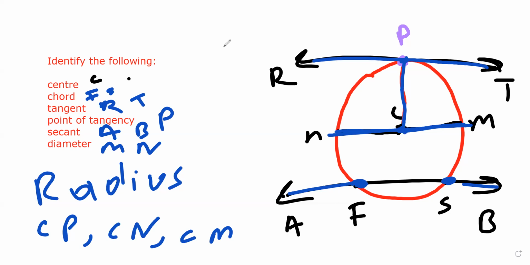All right, let's look at something else. If I have a circle, let's spend some time with the diameter and the radius.